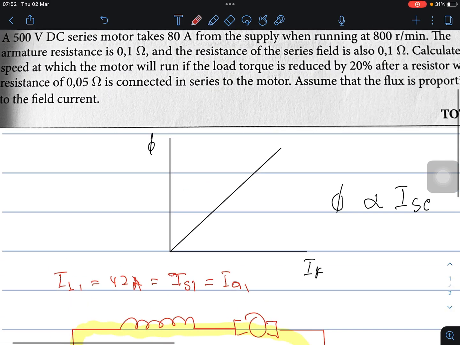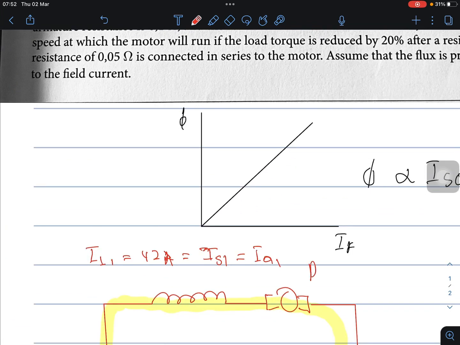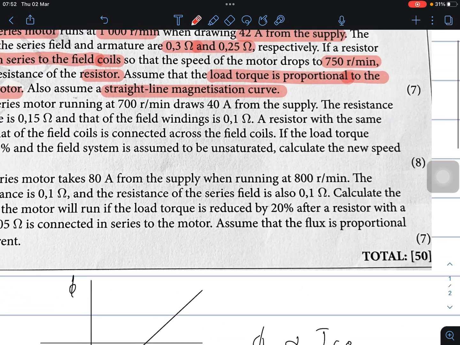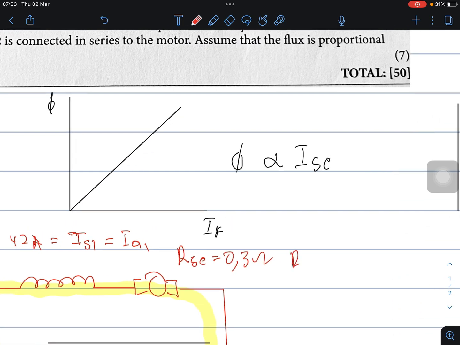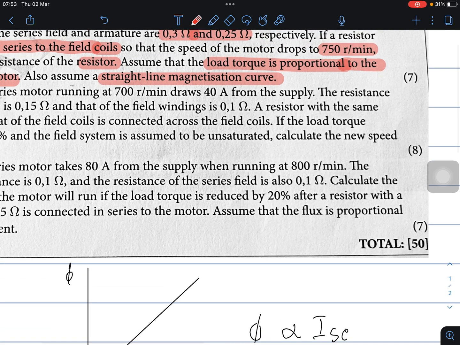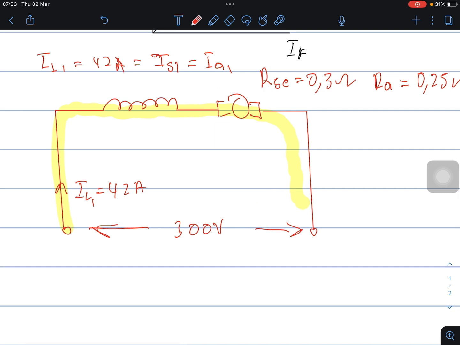Assuming the resistance of the series field winding, R series, is 0.3 ohms, and the armature resistance is 0.25 ohms, then the RAC is equal to R series plus RA.